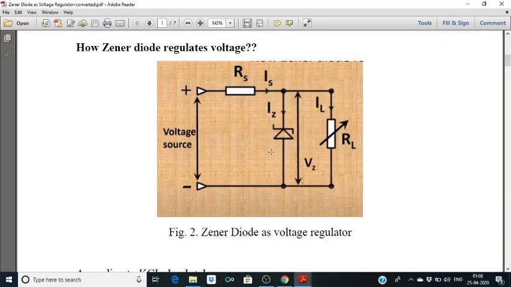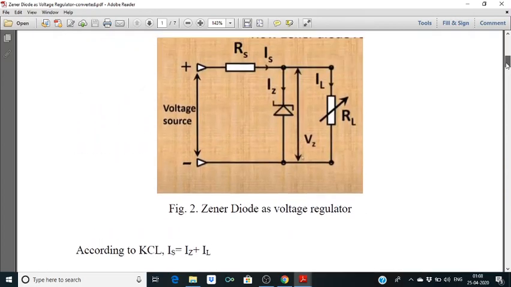It is reverse biased: the negative side is connected to the positive terminal, while the positive side is connected to the negative terminal of the source. Now we have connected a load resistance in parallel with this Zener diode. There can be two cases: either we can vary RL or we can vary the voltage source.